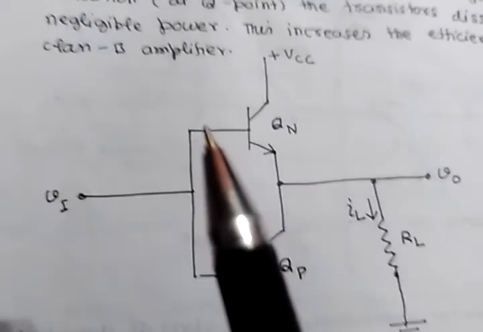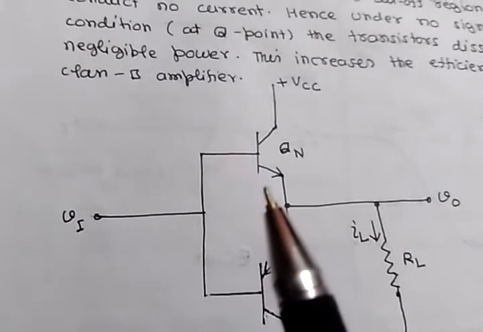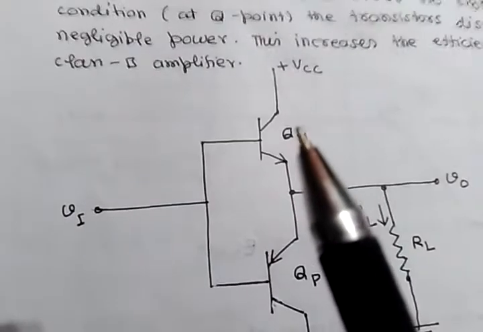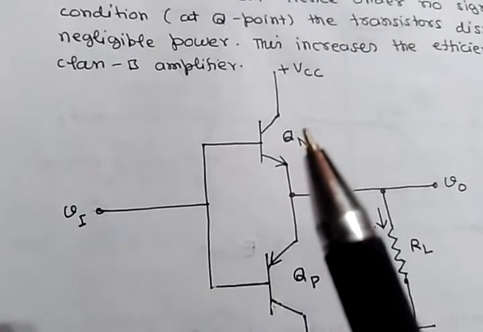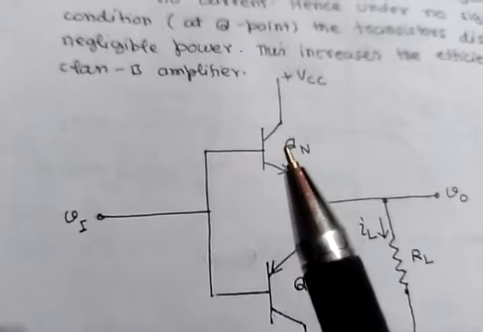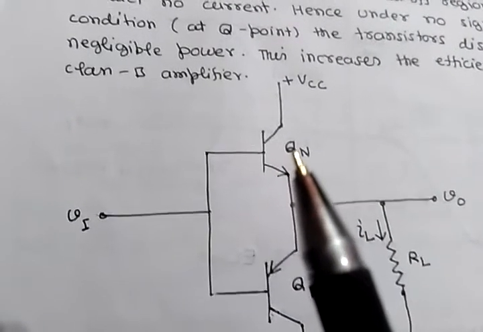So emitter and base both are at 0 voltage, so emitter base junction will also be in reverse biased condition. So in NPN transistor, both the junctions will be in reverse biased condition, so QN will work in cutoff region.